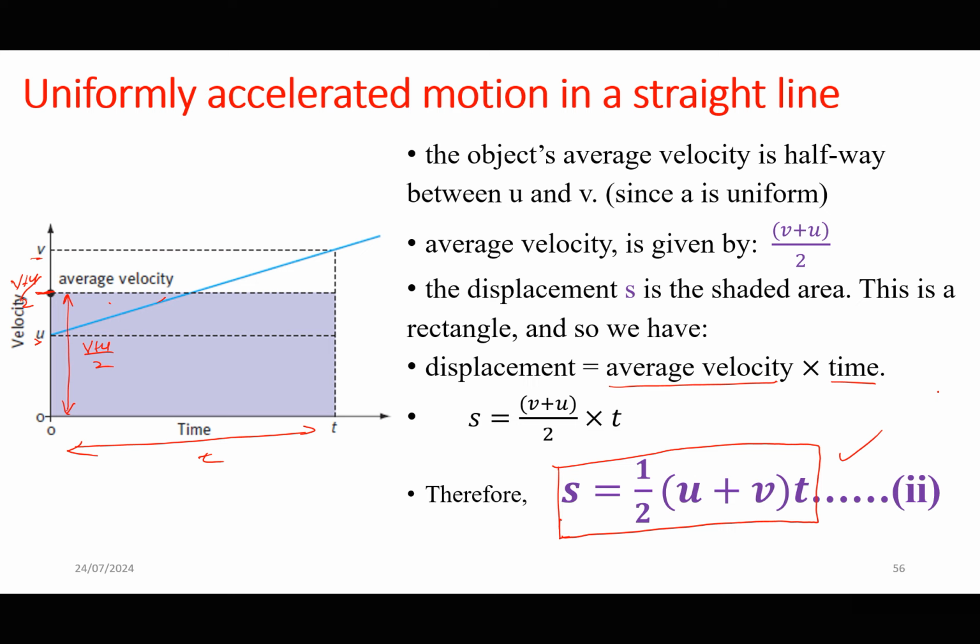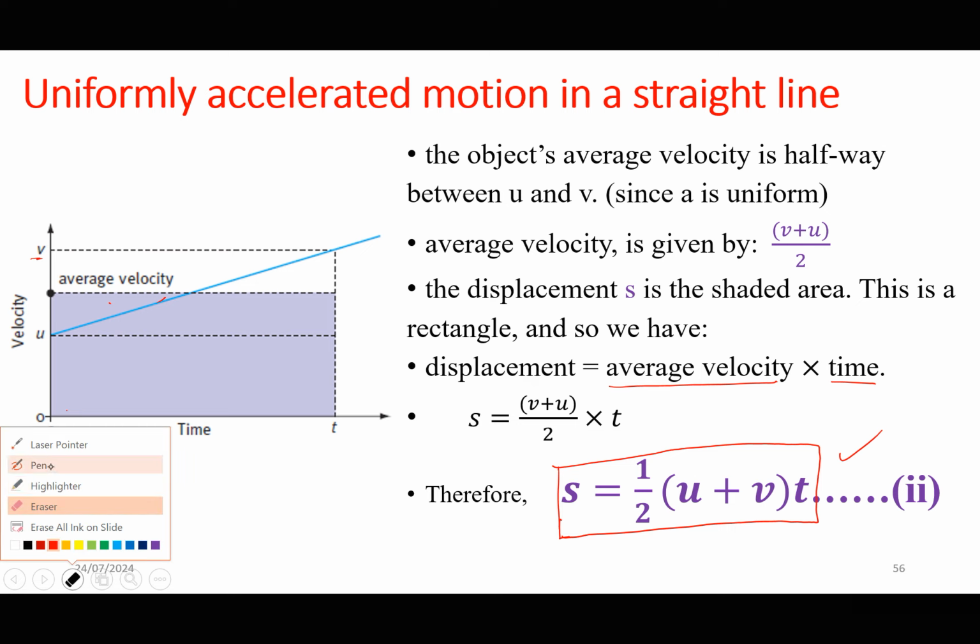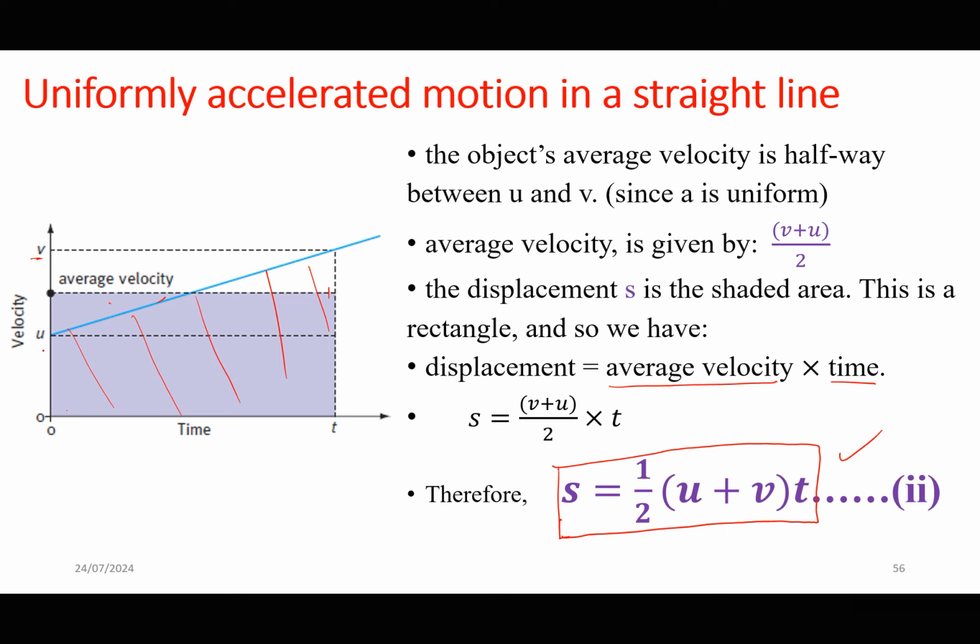But alternatively, if it is hard to see that the displacement is the area of the rectangle, instead of considering the average velocity, we could just consider the displacement as the area under this line with the x-axis, where this is going to be our A, that is u, and this is going to be our B, which is v, and this is going to be our H, which is t.